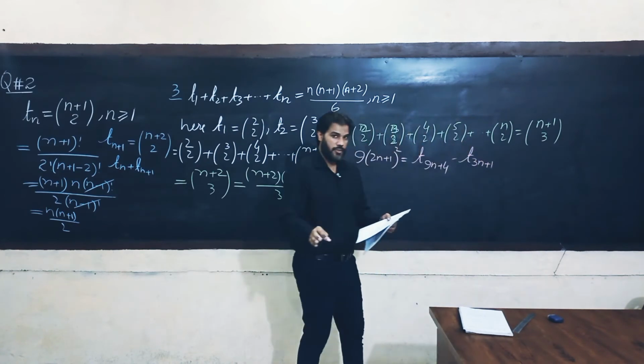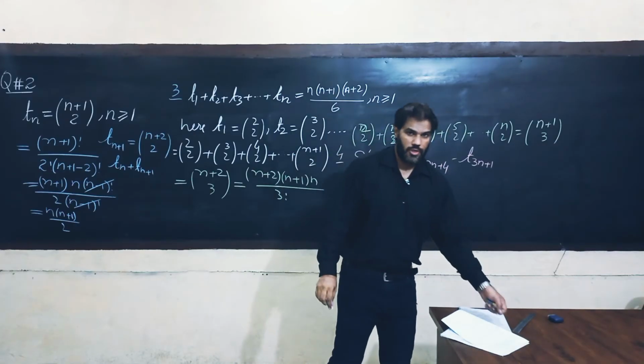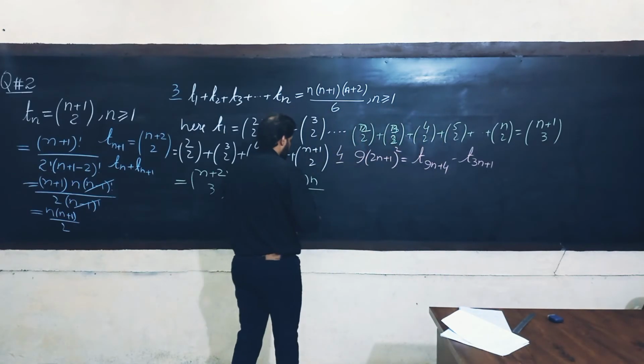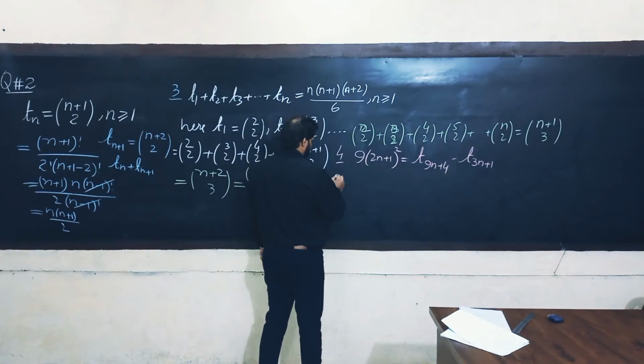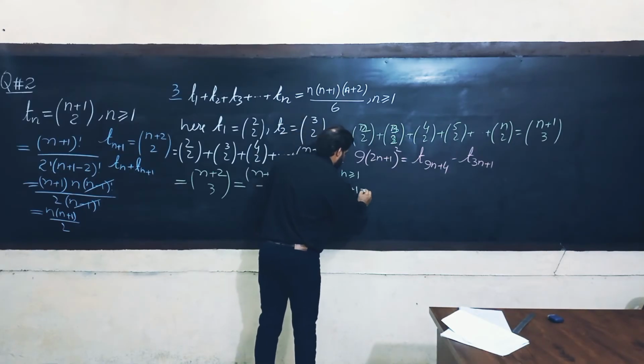We have to show that the square of any odd multiple of 3, for all n greater than or equal to 1, the number 2n plus 1, is an odd integer.